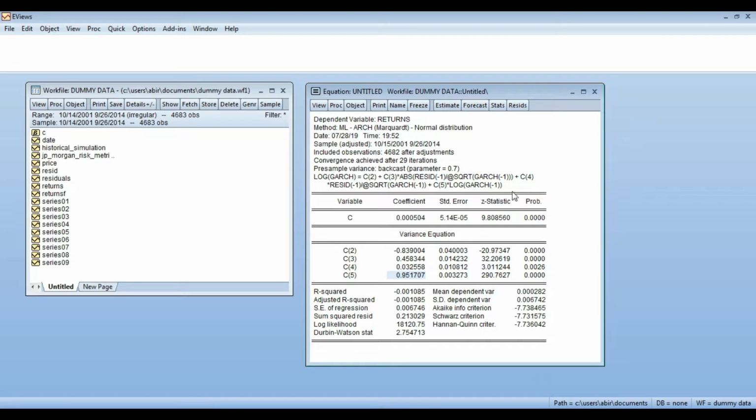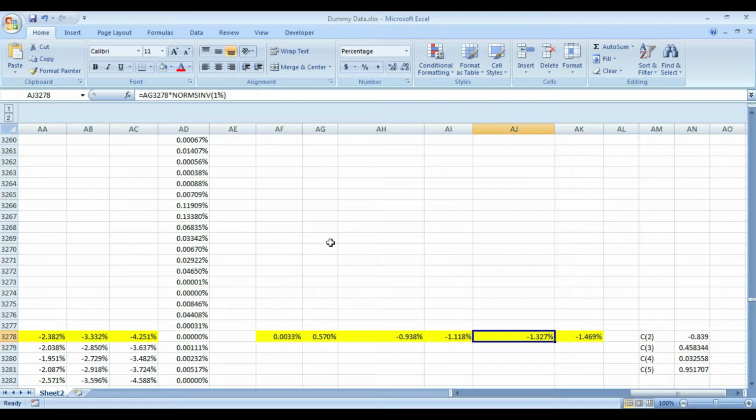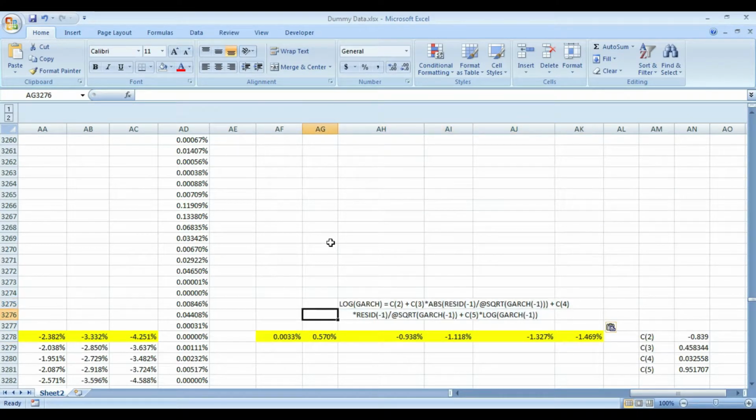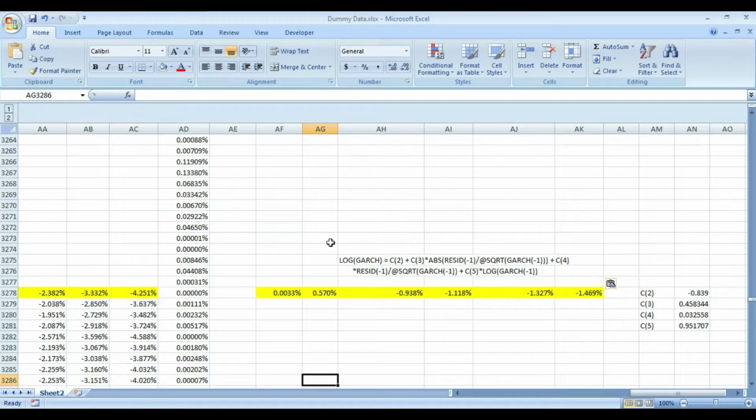Now I will copy the EGARCH equation, which is this. I'll keep my equation on top, let's say here. So this is my equation. It looks fairly long by size, but it's simply easy.